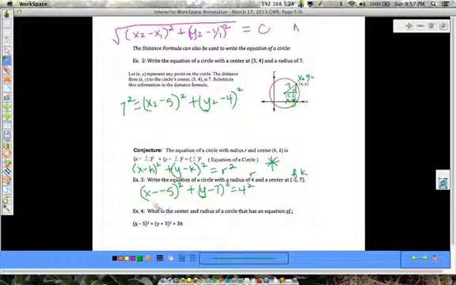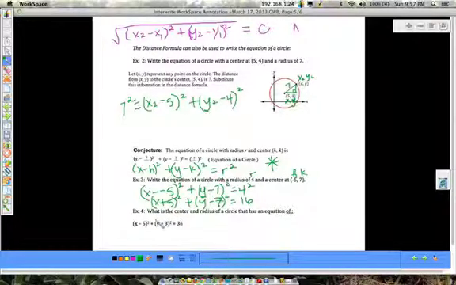If we simplify this, x minus a negative is x plus 5 quantity squared, plus y minus 7 quantity squared equals 16. So that is our equation of our circle.